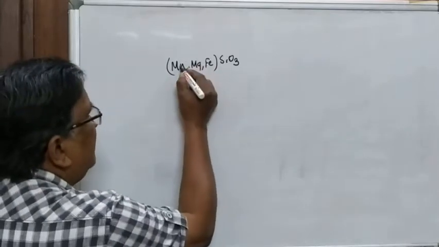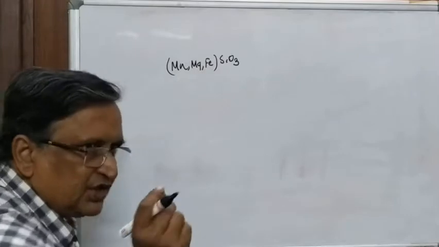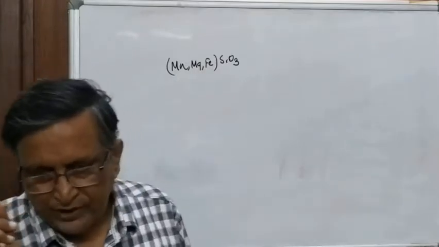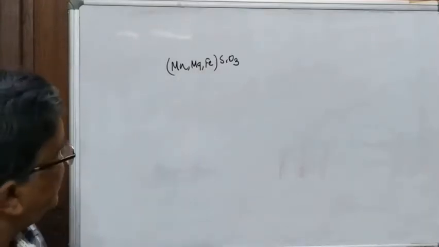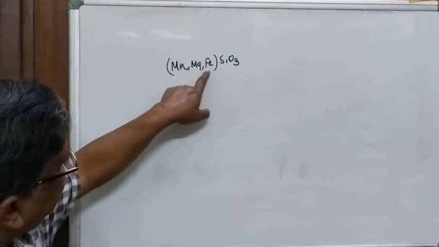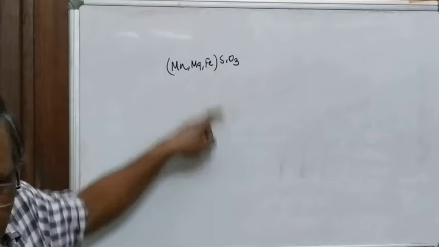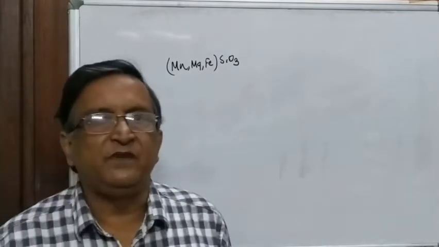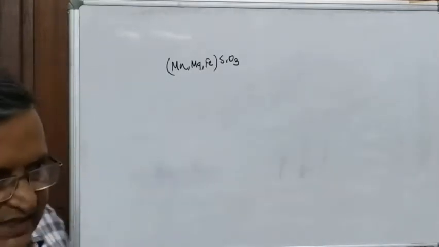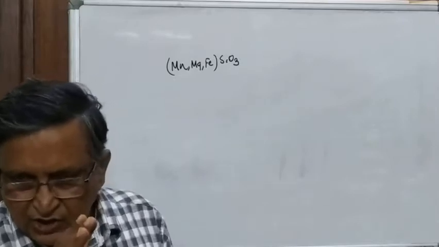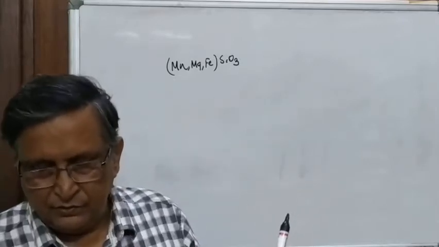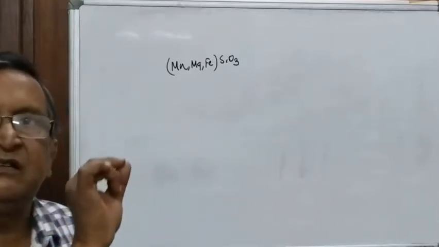Mn and Fe are very close in size, separated by 0.06 angstrom. And Mg and Fe, Fe is 0.74, Mg is 0.66, so 0.08 angstrom is the difference. So we can see that the structures are not widely different, but there are subtle differences.